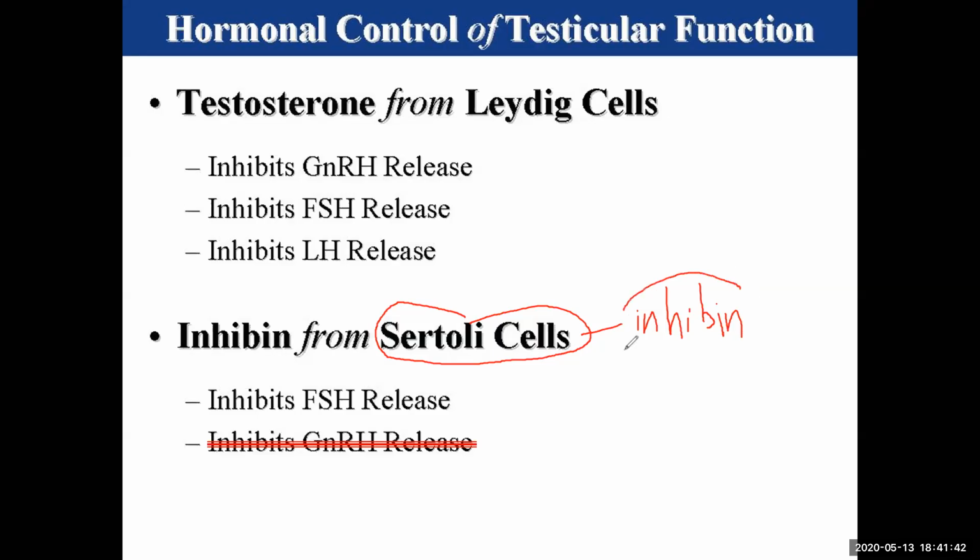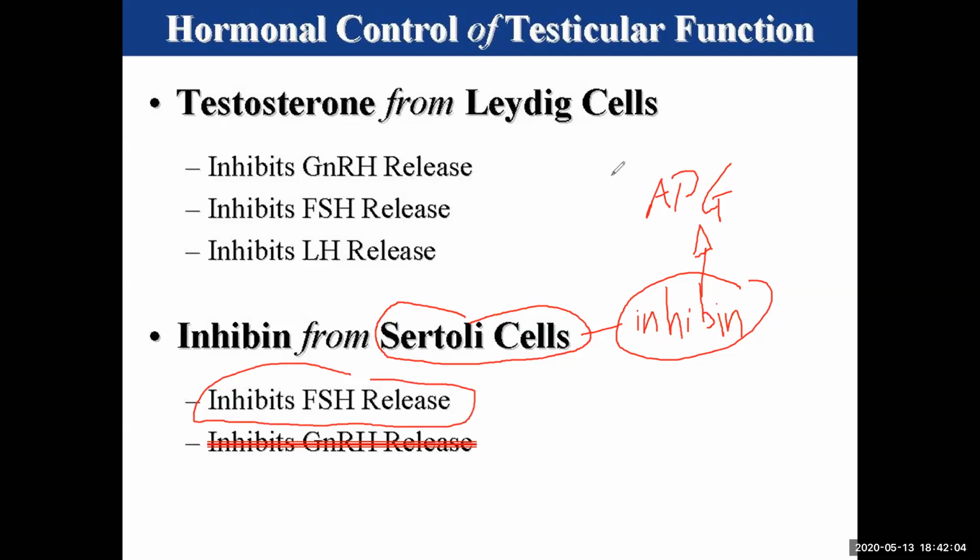Inhibin targets the anterior pituitary gland. The difference here is it can only inhibit the release of FSH by the anterior pituitary gland.